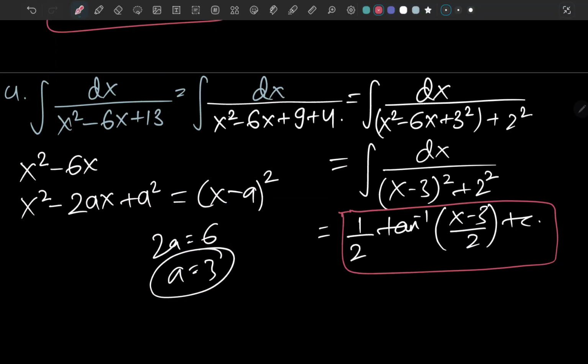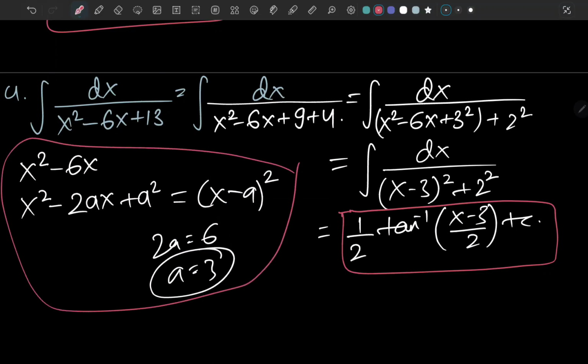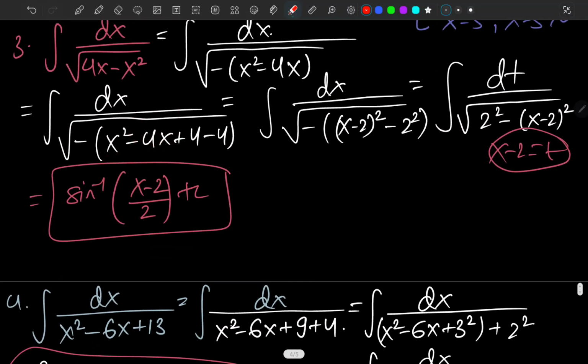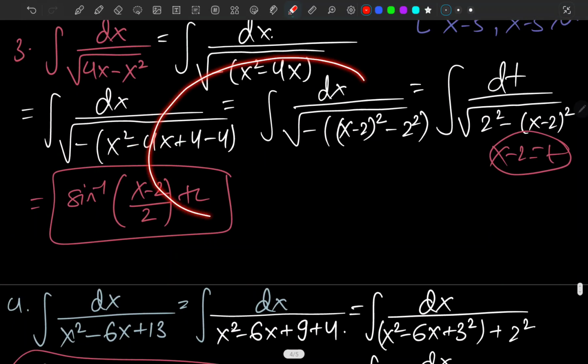Again, you just have to use this thing. You can compare it with that. We have been given 13 here, that is why we didn't introduce plus 3 squared or minus 3 squared. If it wasn't given over there, like in this integral where we haven't been given any 2 squared, that is why we introduced plus 4 and minus 4, right?